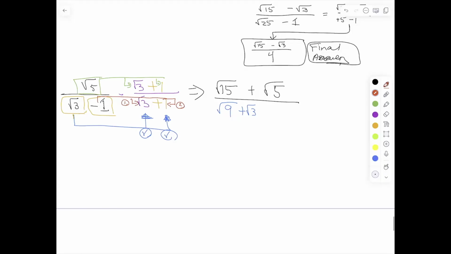Can I do anything with the denominator? Yes. What is the square root of 9? 3. 3 minus 1 is what? 2. Good. This is my final answer.